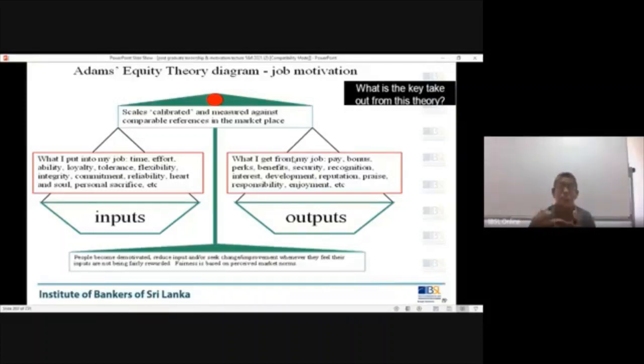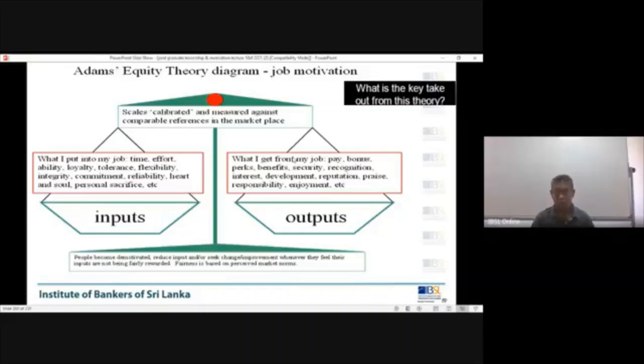You are not disclosing how much you're getting. You're in the same grade, same place, same position, but I don't know how much he's getting. But for a government bank, of course, you know what he's getting. But in the private sector, the same position, but you don't know, right? So the Adams equity theory doesn't come into the scene.